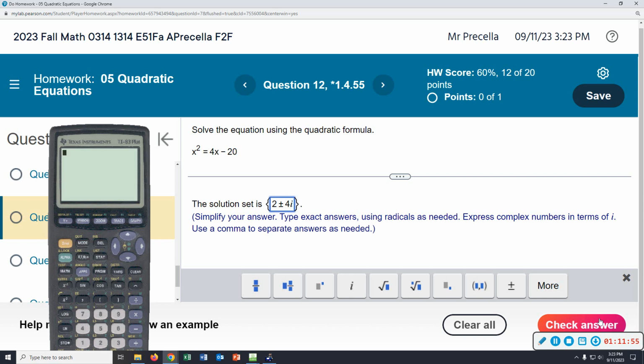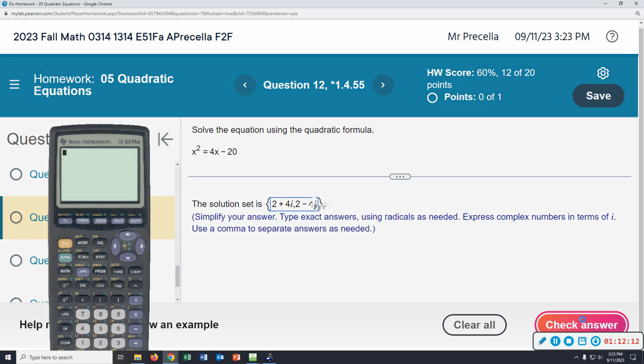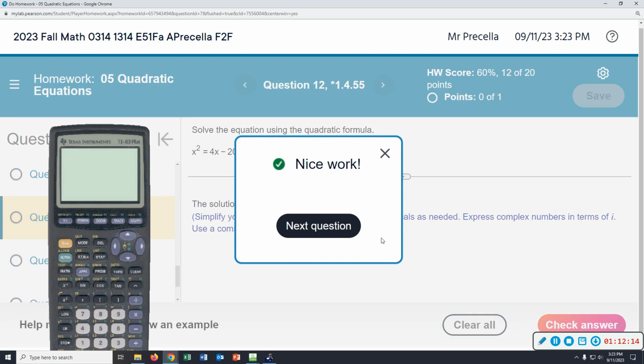Did you mention that to them? I mentioned it. Let me show you how you used to have to do it. 2 plus 4i, comma, 2 minus 4i. Which doesn't seem bad unless you're entering one of those messy fractions. Then it becomes a hassle. But we used to have to type in the answers individually.